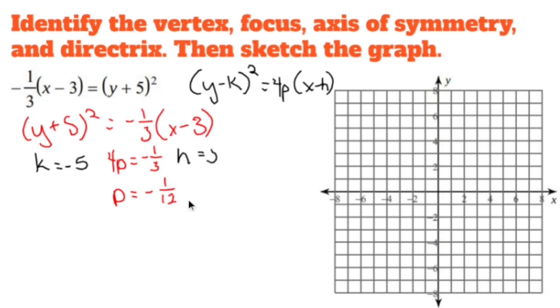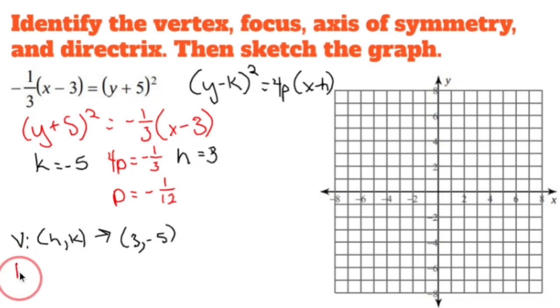We find our vertex by doing (h, k). In this case, (h, k) is (3, -5). That's our vertex. That's thing number one.